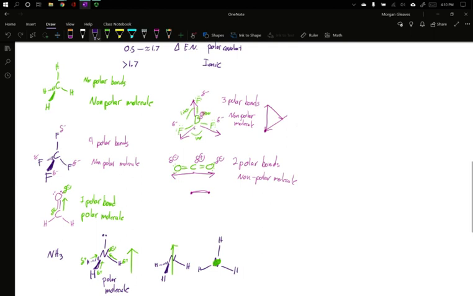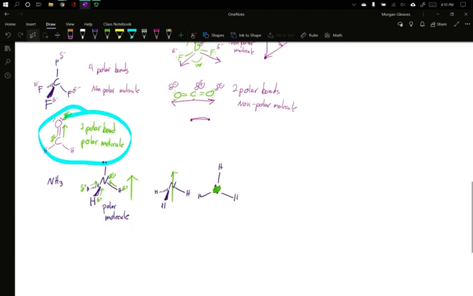Trigonal planar geometries like our BF3, they will cancel out if all the things are the same, where our trigonal planar geometry for formaldehyde didn't cancel because they weren't all the same. And so that left some of our polar bonds uncountered, and so there was an overall pull on the molecule. One end of the molecule was somewhat negative, one end of it was still somewhat positive.